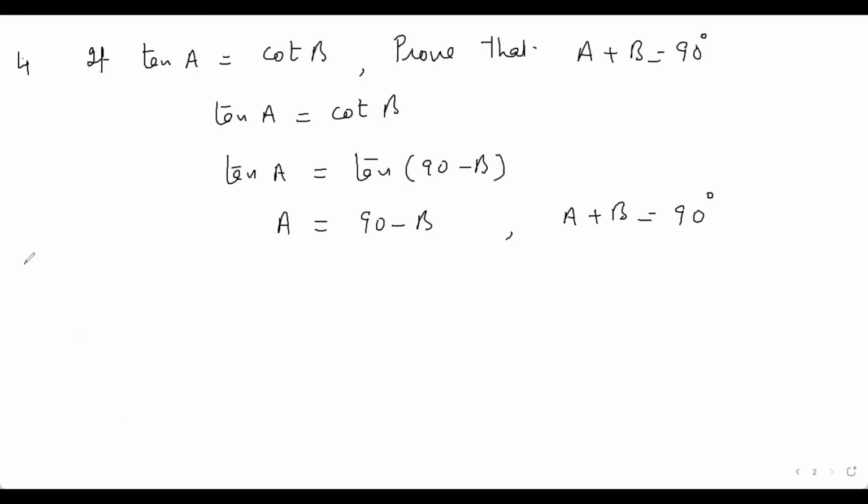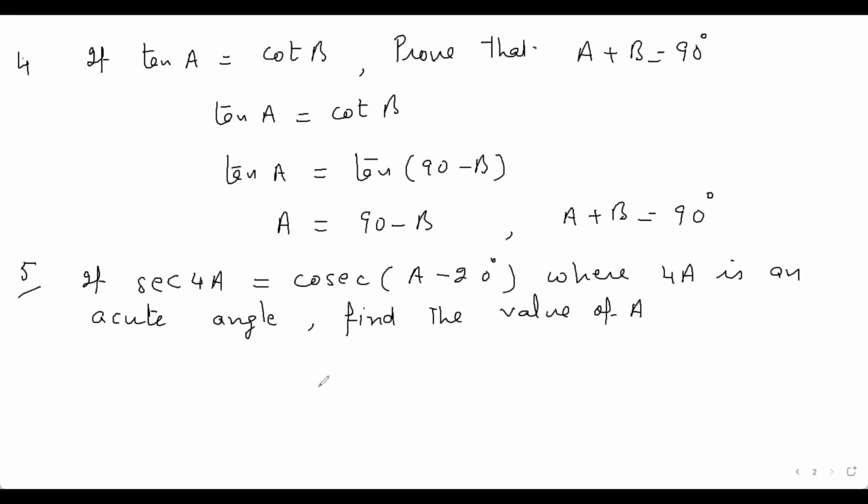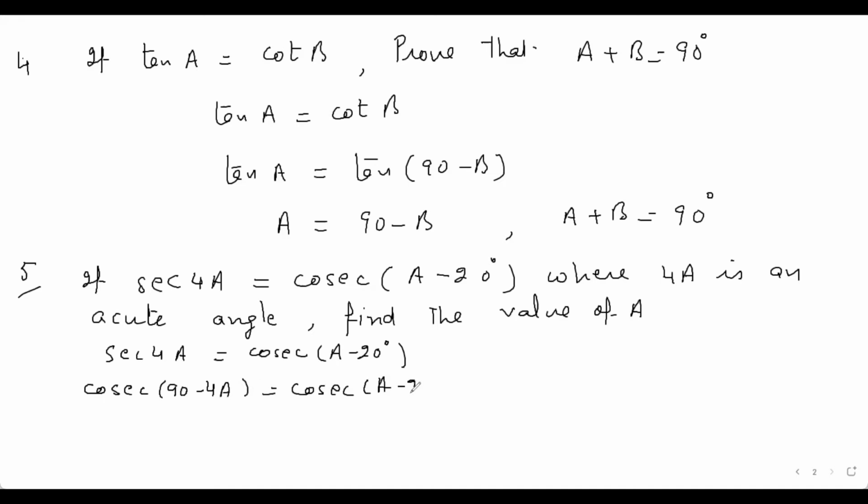Fifth question is, if sec 4a is equal to cosec a minus 20 degree, where 4a is an acute angle, find the value of a. Now sec 4a is equal to cosec a minus 20 degree. This can be written as cosec 90 minus 4a is equal to cosec a minus 20.